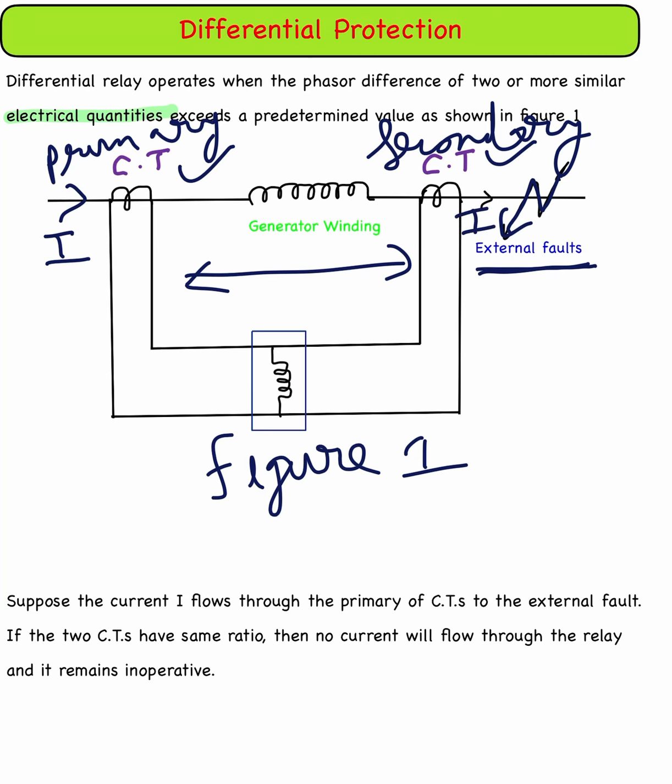If the two CTs have the same ratio, then no current will flow through the relay and it remains inoperative. Because here the fault is outside the zone, there is no difference of current, so the relay is not operative.